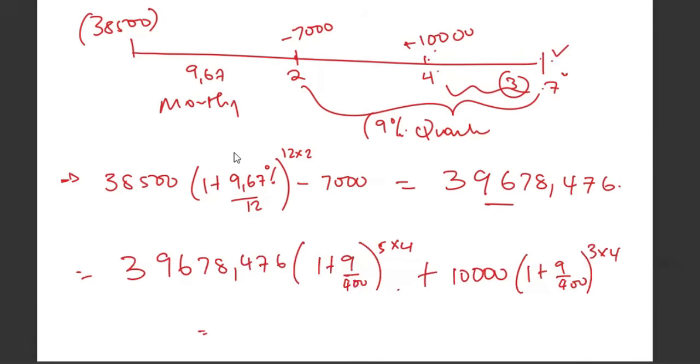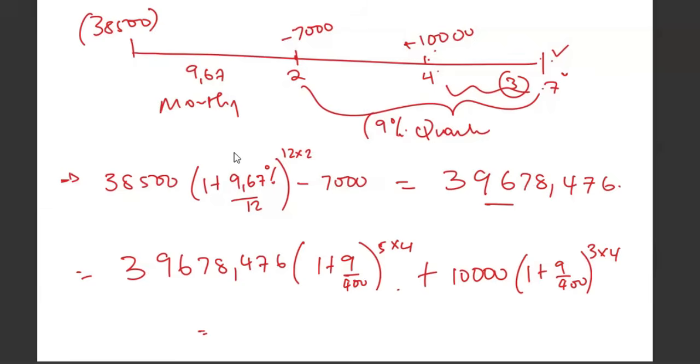Okay, so 39,678.476 into 1 plus 9% over 4 to the exponent of 20, because 5 times 4 is 20. We are adding a 10,000 into 1 plus, that's still 9% over 4, to the exponent of 12.